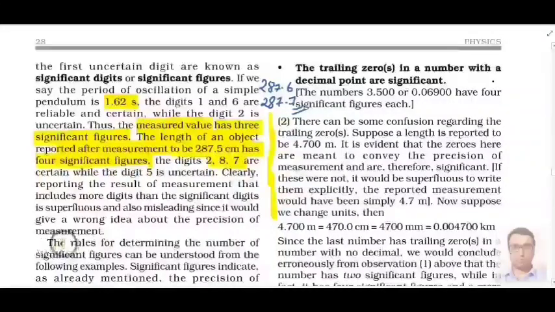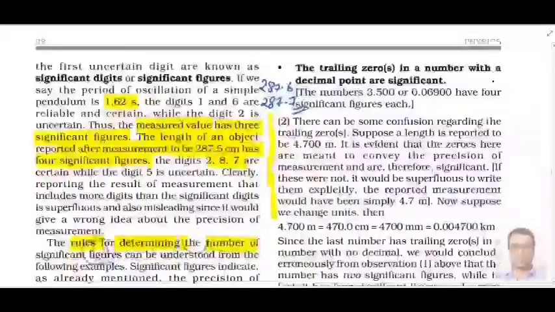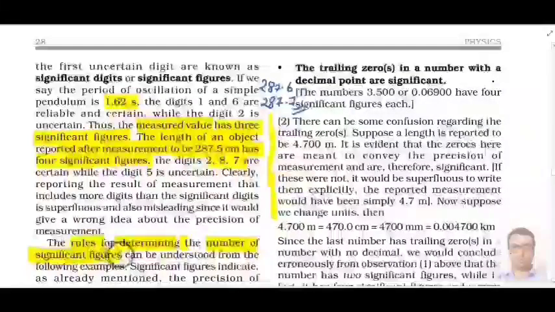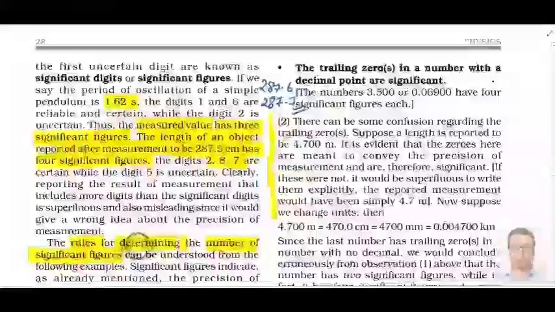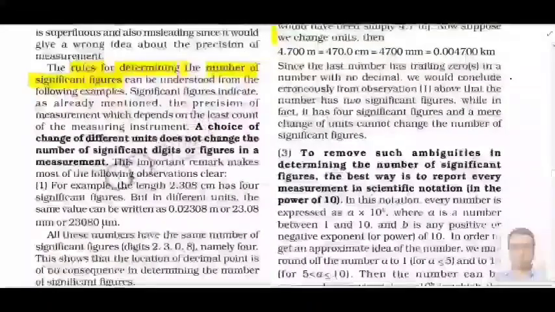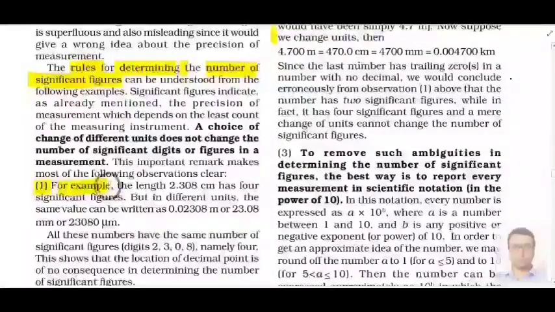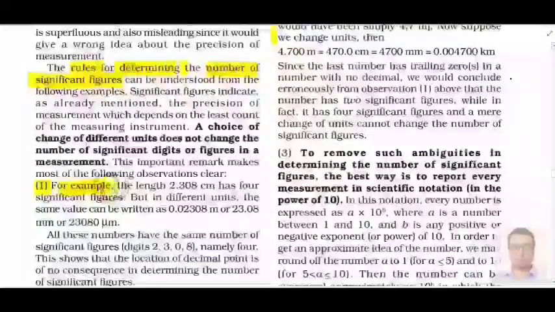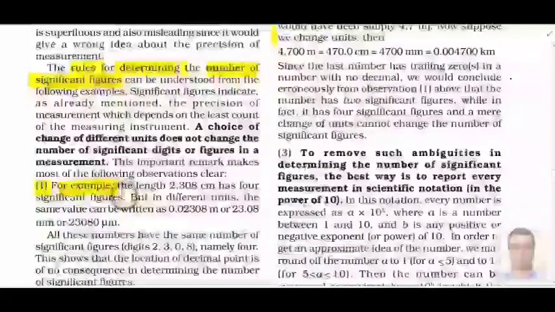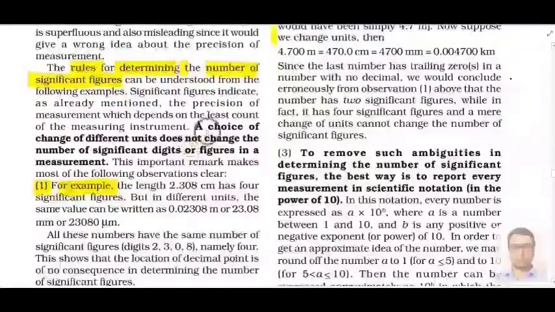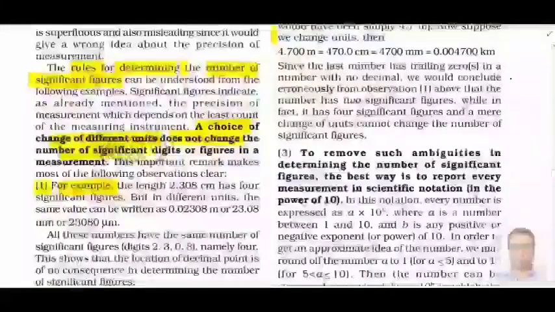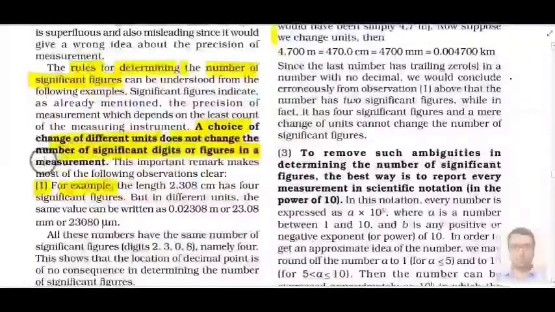Next, we have to understand the rules for determining the number of significant digits. One conclusion is given here, that with the help of this example we will set a rule to determine significant figures. That rule is that a change of units does not change the number of significant digits in a measurement.